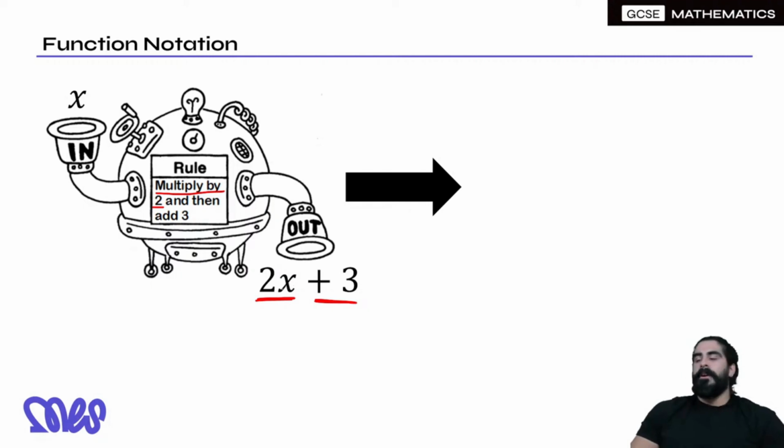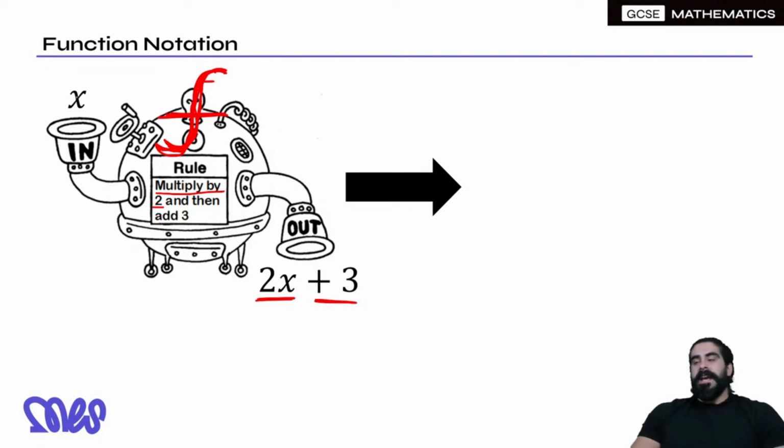Now, how does this look in proper function notation? This machine, we call it the function machine. We call it F. Usually we call it F anyway. Sometimes we like to use G or H or whatever. Just for this demonstration, we're going to call it F for function.